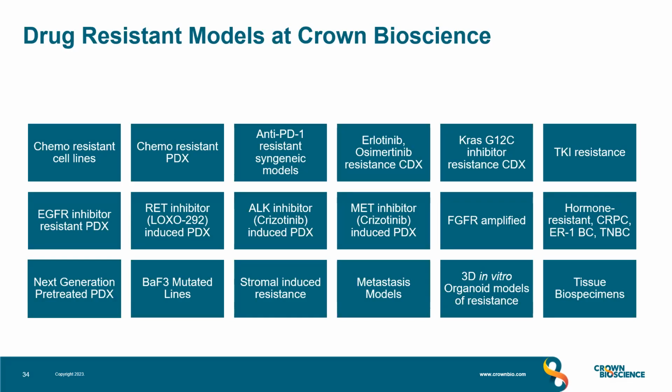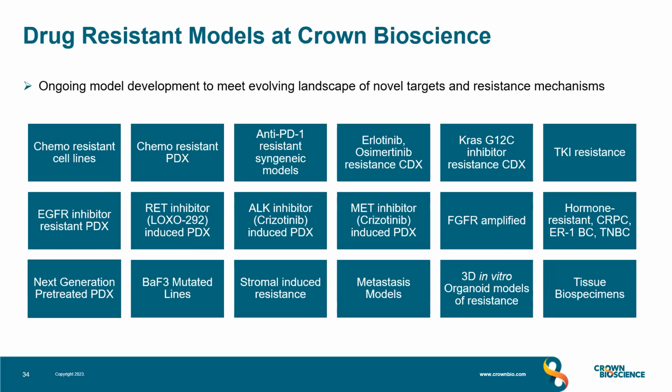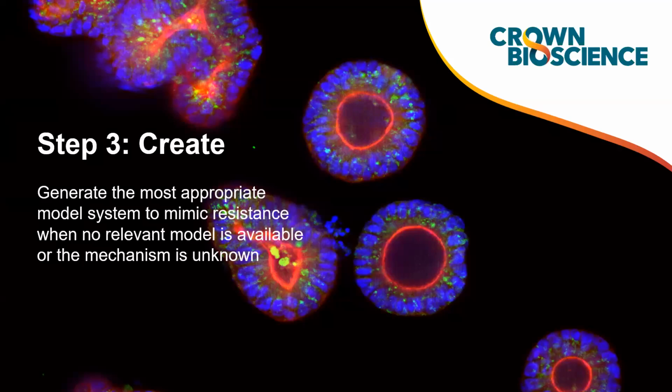So a lot of the models are already available and can be accessed, as mentioned. We also have to create some models, and some of them are still being characterized, so they're not readily available at the minute. But these need to be created because of the different types of resistance mechanisms that are emerging.